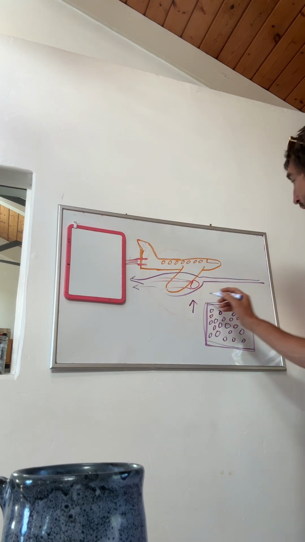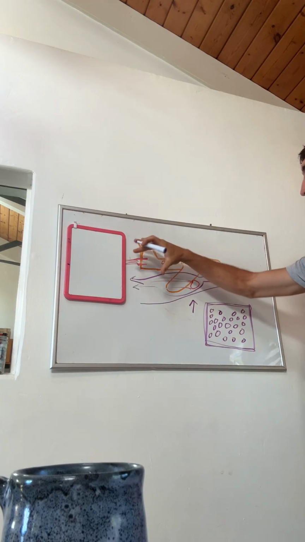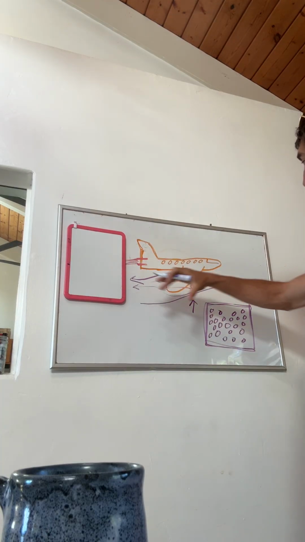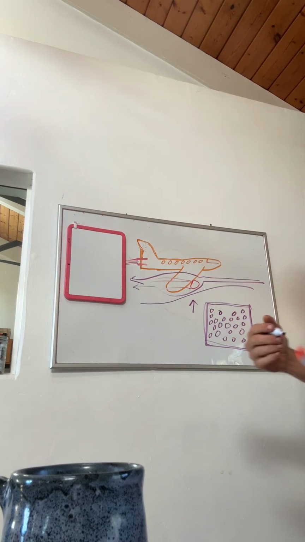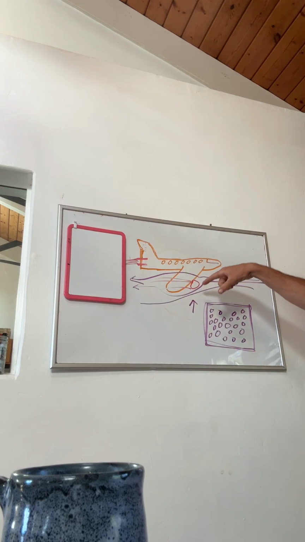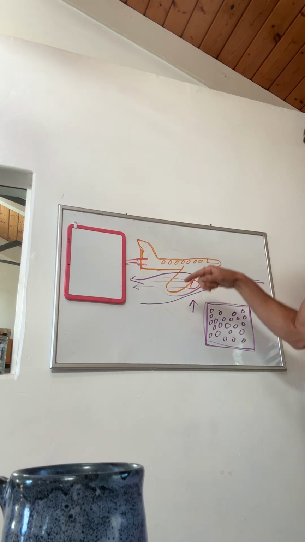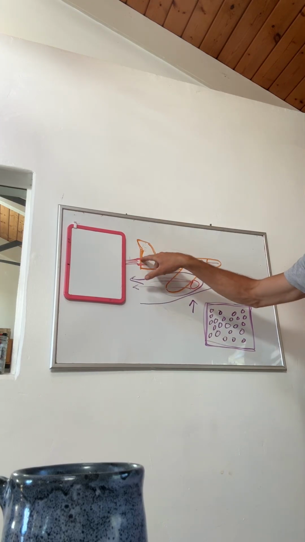So with an airplane, that reference frame is the surface of the aircraft. So the faster that it moves through the medium, the more dense the medium appears to the airplane. So you're basically creating atmospheric density with the engines. Where are the engines? The engines are these red things.